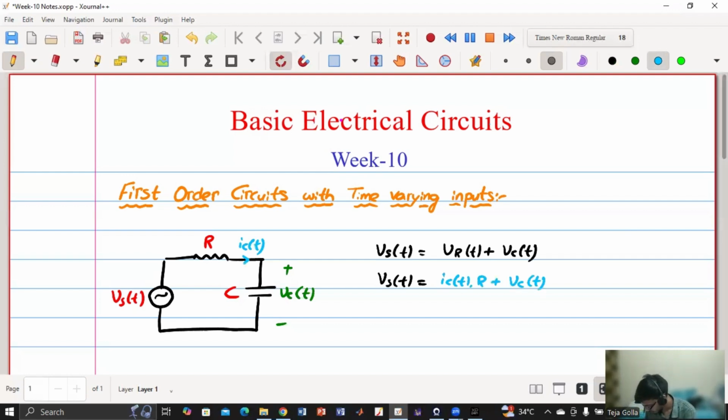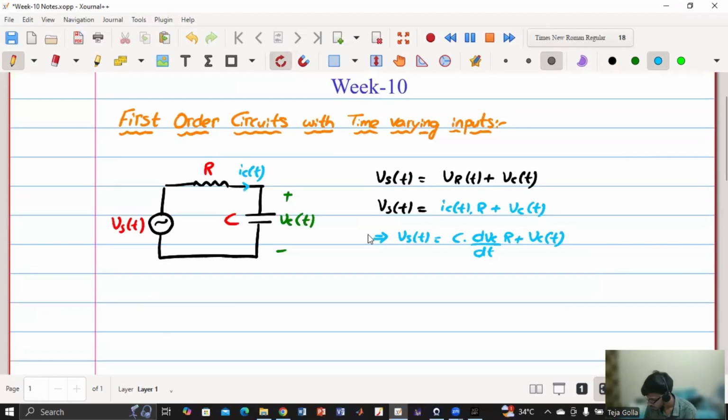Since Ic is C dVc by dt, Vs of t is C dVc by dt into R plus Vc of t. Simplifying, we get RC dVc by dt plus Vc of t is equal to Vs of t.